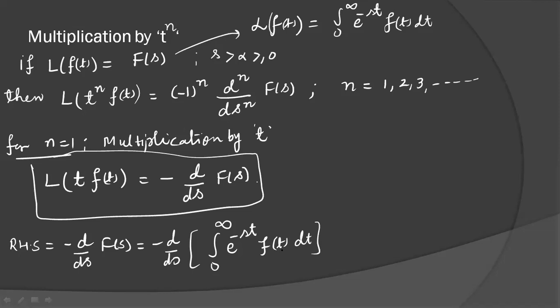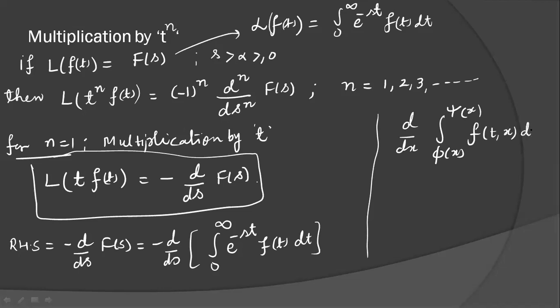The first kind of Leibniz rule I taught you in the limit and integration chapter, but we have a second kind also. Suppose you want to differentiate the integral from phi(x) to psi(x) of f(t) dt, I have already told you. But if the inside function is a function of both the variables t and x, then how will you tackle this type of problem?